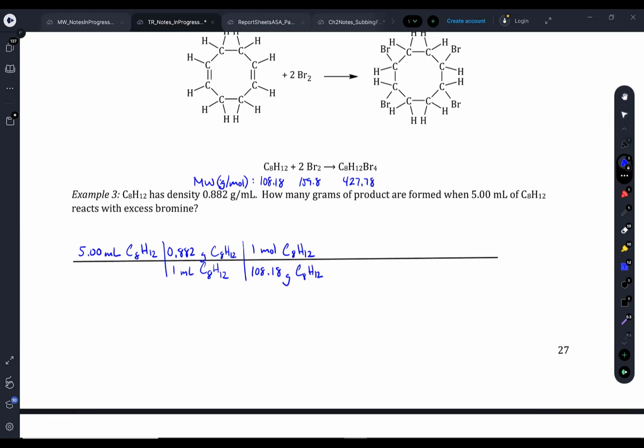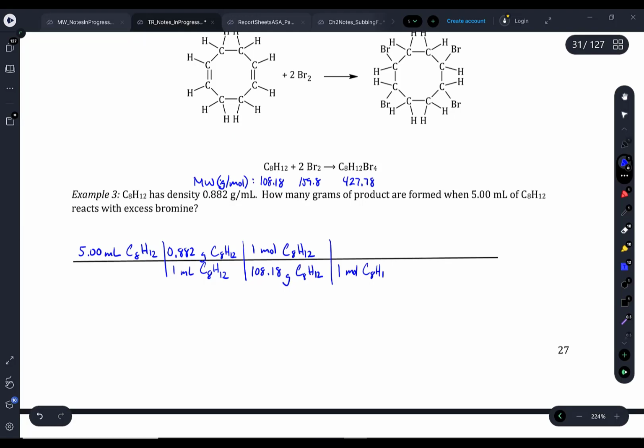And we're trying to get to grams of the final product. So what do I do here? I say, well, mole to mole ratio. So every mole of the starting material, I should have done this the lazy organic chemistry way, which is to call this 1 and call this 2. So we're going moles of 1 to moles of 2, or A, B, right? That would probably be the easier way to do it, but anyway.